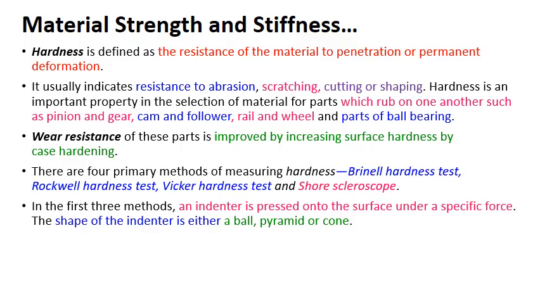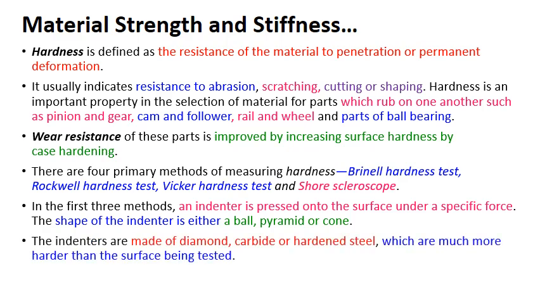You apply a specific force onto the specimen, measure the area of indentation or diameter or depth, whatever, and then express it as some quantity. The shape of the indenter will be ball, pyramid, or cone, and they are made up of very hard material, particularly harder than the specimen being tested, like diamond, tungsten carbide, or hardened steel.